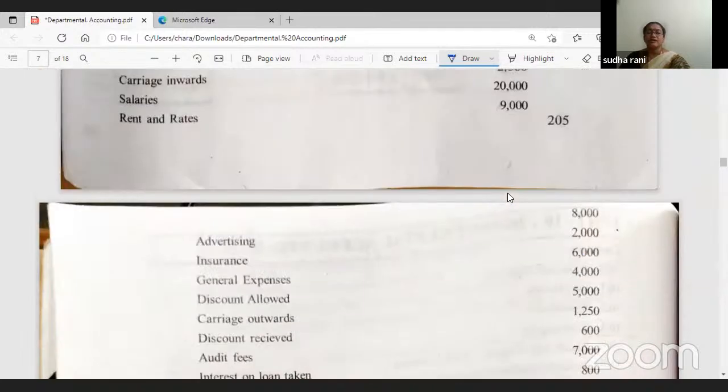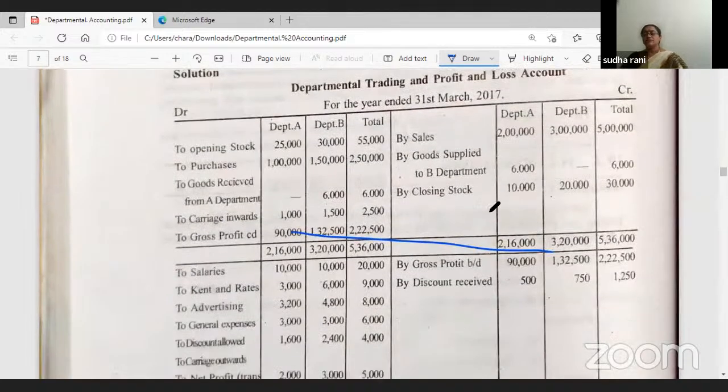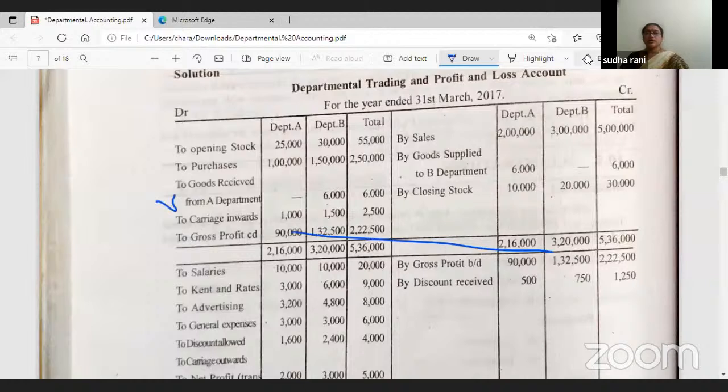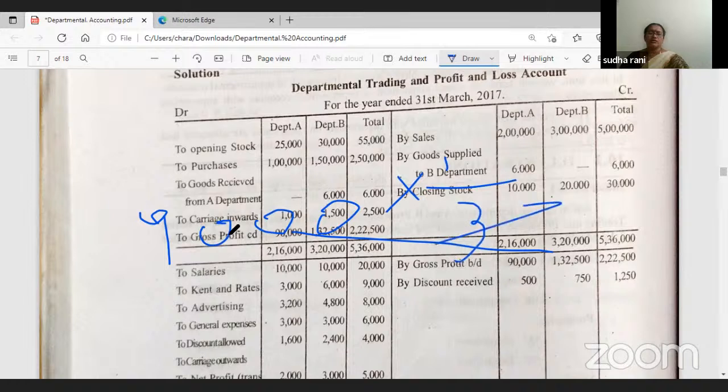So what is the rent? 9,000 into 1/3 and 9,000 into 2/3. 9,000 into 1/3, how much? 3,000, since 3 in 9 goes 3 times.